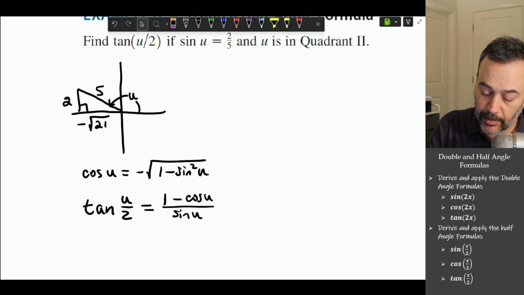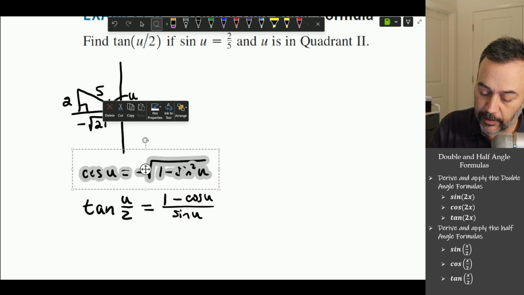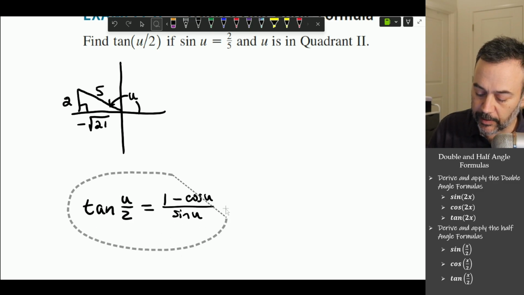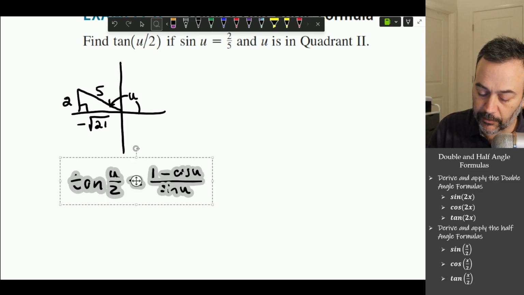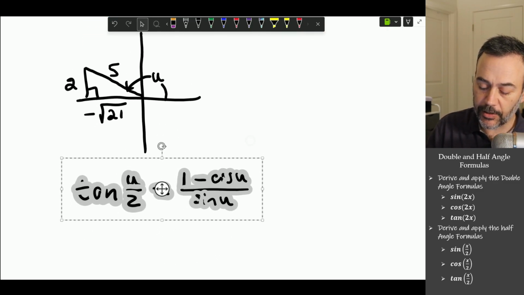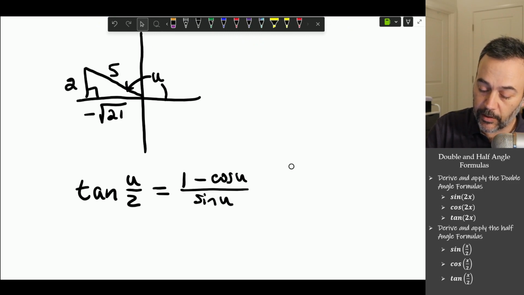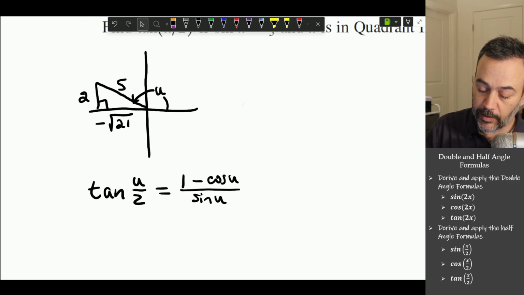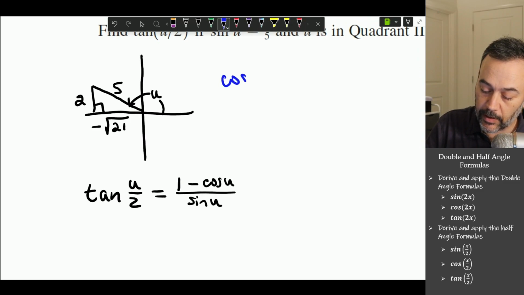I was just thinking that a simpler way, I don't even actually need this identity. I realized I used this identity when I did the notes originally, but that actually just overcomplicates it, because I can just use the picture. What is cosine of u from the picture?